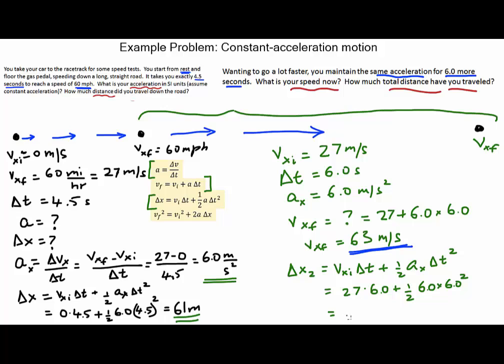And all of that in your calculator will give you 270 meters. And I'm not quite done yet. So my final step is this delta x total would be the delta x for the first part and delta x for the second part, which would be 61 plus 270, which would give me a total distance of 331 meters. And that's my answer to this last question here.